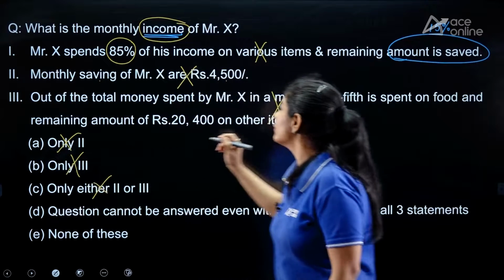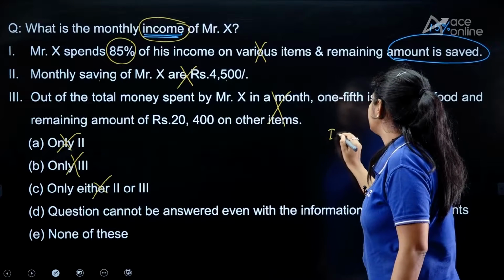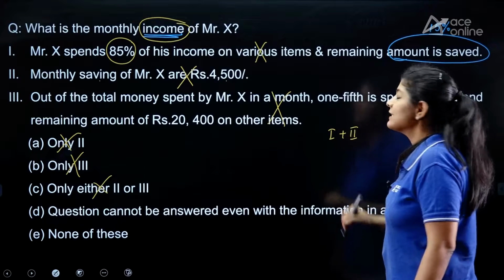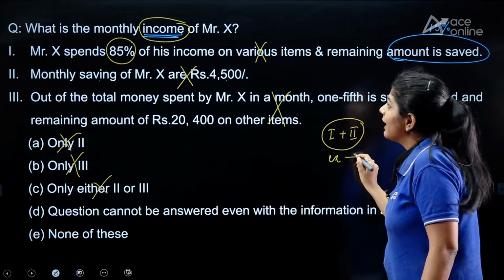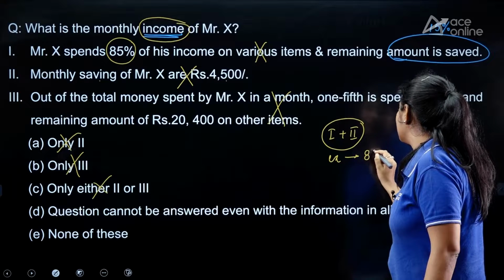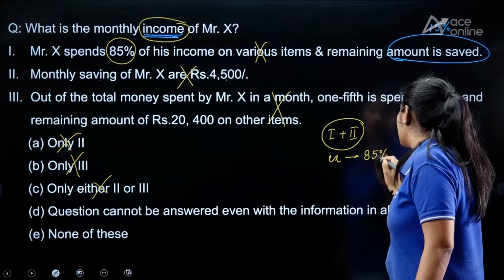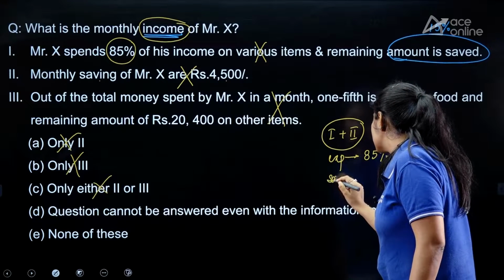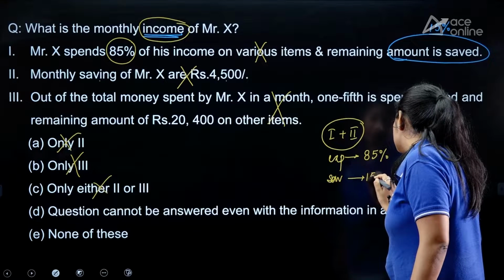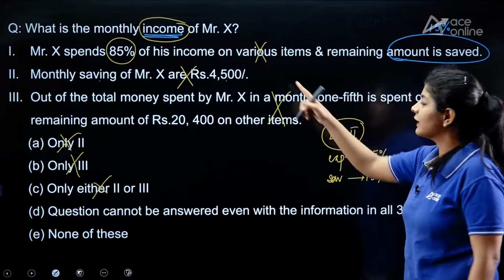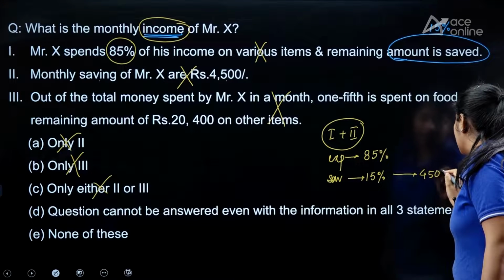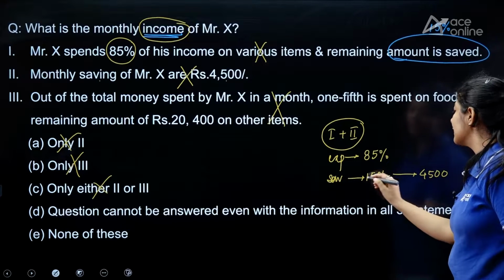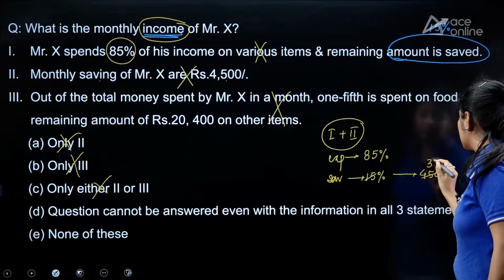But if I combine first and second together, we know that the expenditure of X is 85%. That means the savings are 15%, and the value of 15% is given over here, that is nothing but 4,500. That means it is a multiple of 300.